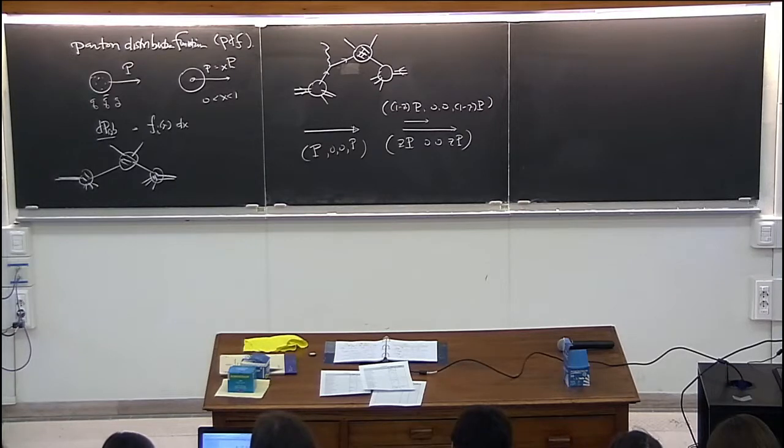And the momentum k is then zE. And so what happens is that this quark will reduce its energy and momentum by the factor z, with the rest of it being carried off by an almost collinear gluon.